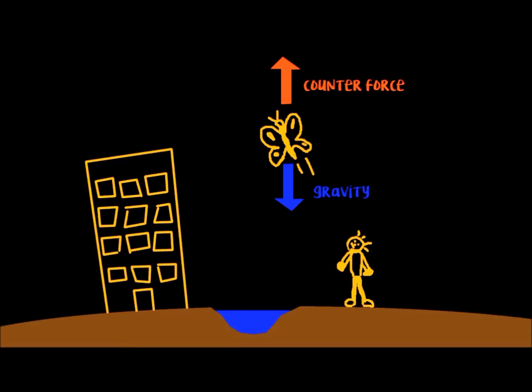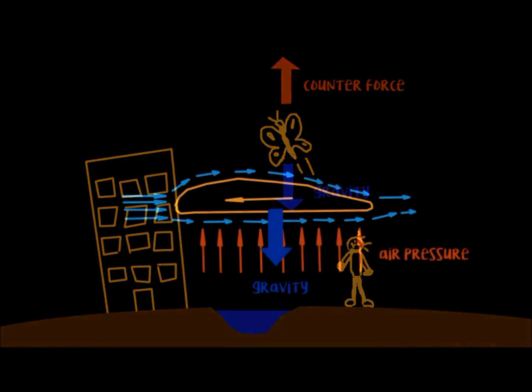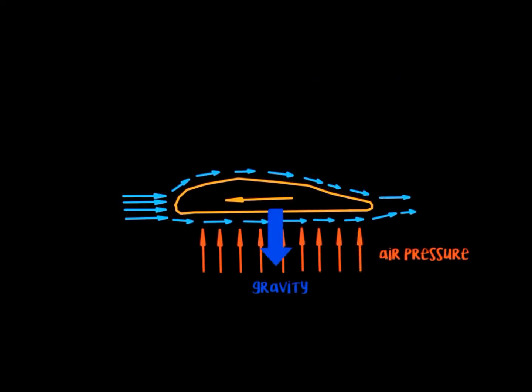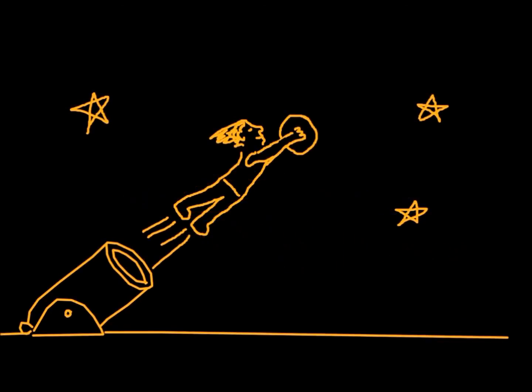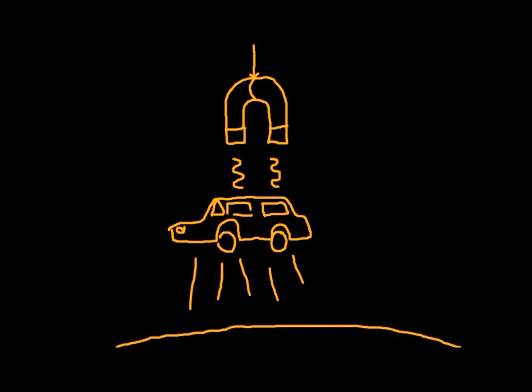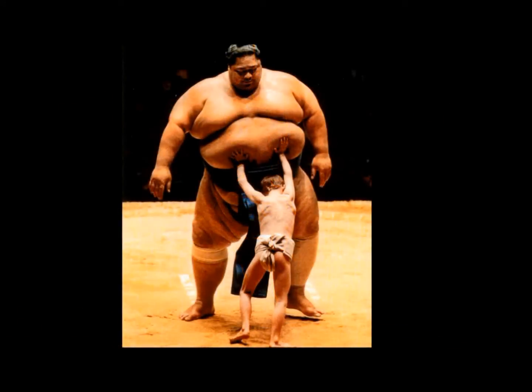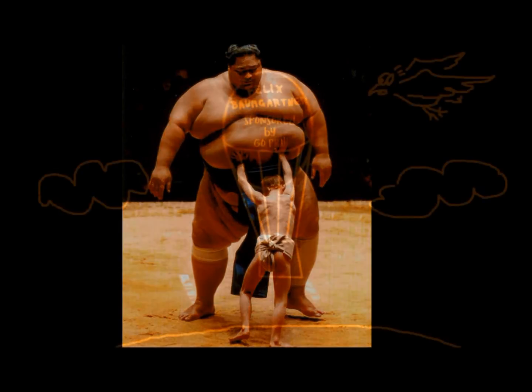This force can come from a lot of different sources. For instance, air pressure differences on an airplane wing, chemical energy turned into momentum like in cannons or rockets, or magnetism. The bigger the mass you want to lift up, the stronger the force you need to overcome gravity.